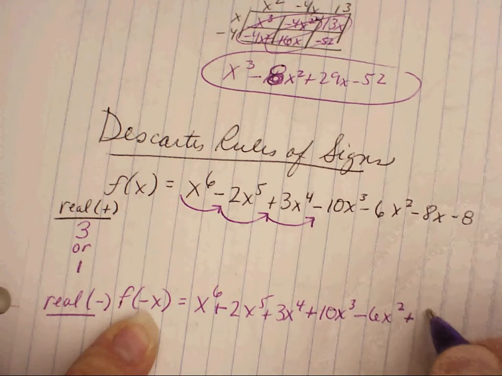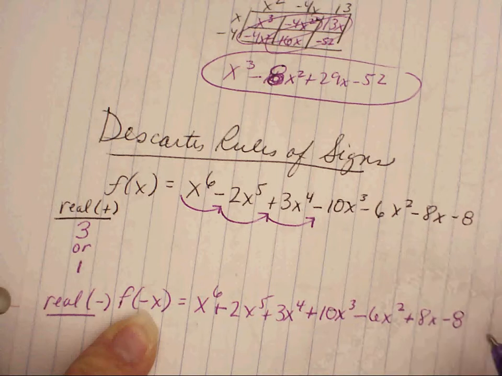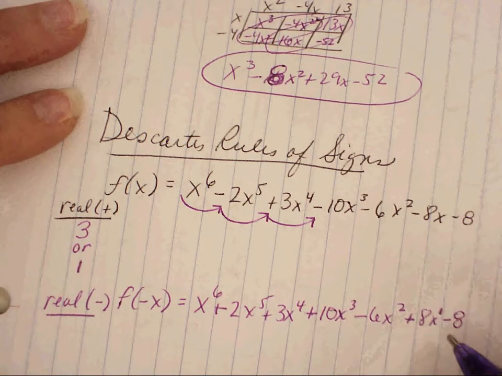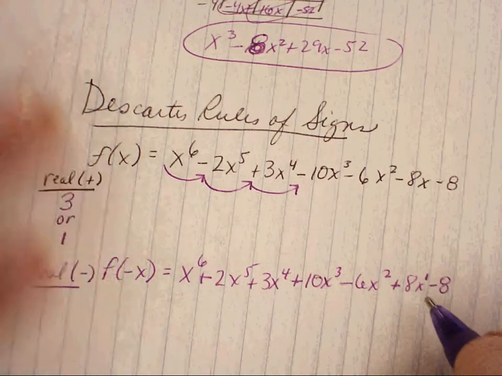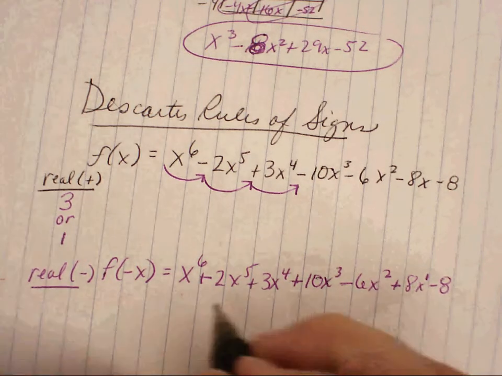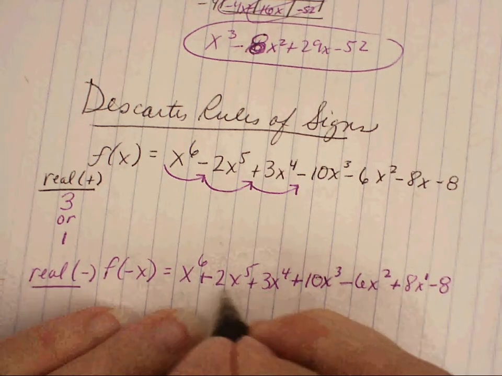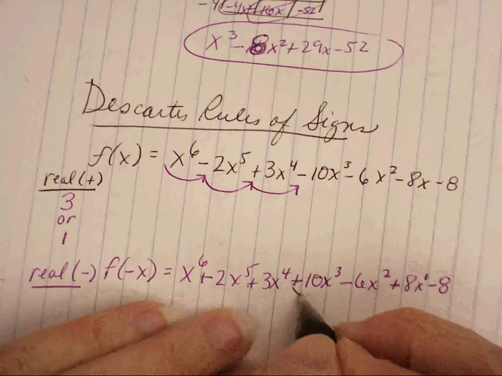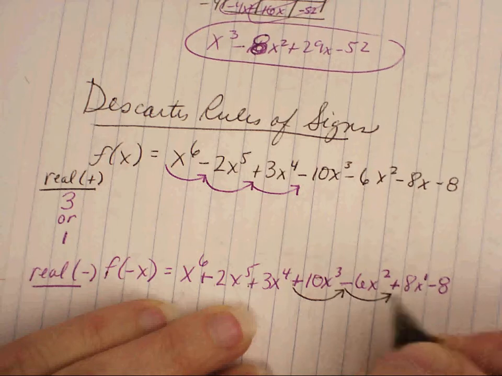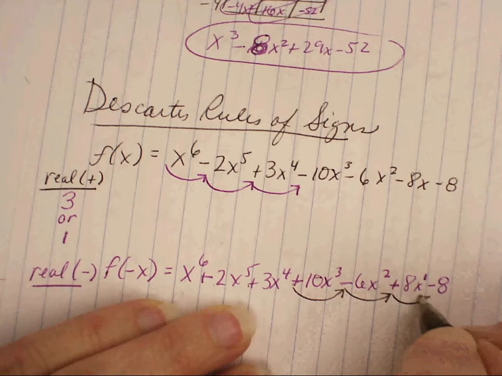But what if I substitute my negative x into an odd power? I end up with negative times a negative is a what? Positive 2x to the 5th. So then it stays the same because x to the 4th is positive, or is even. But what's going to happen when I put this negative in for x cubed?